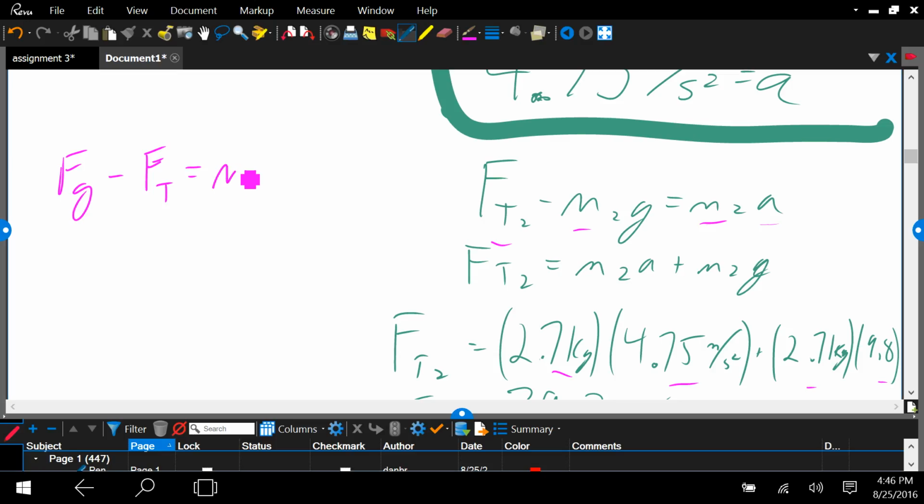And here I'll put in m1 times A. So we get m1g minus F tension equals m1A. Solving for tension, we're going to get m1g minus m1A is equal to that force of tension. We plug in numbers here.